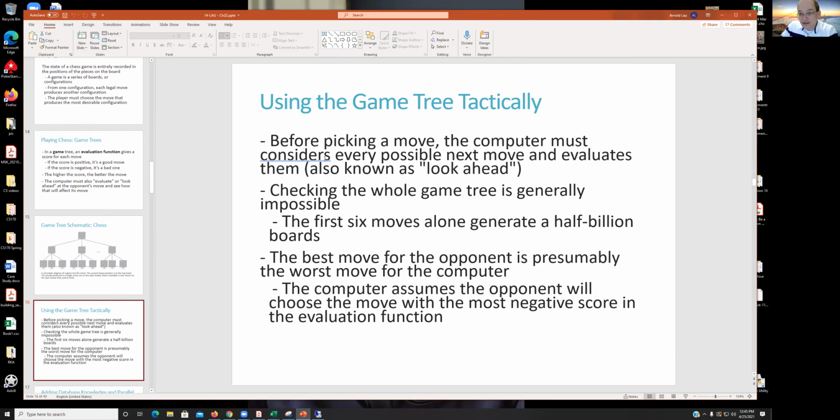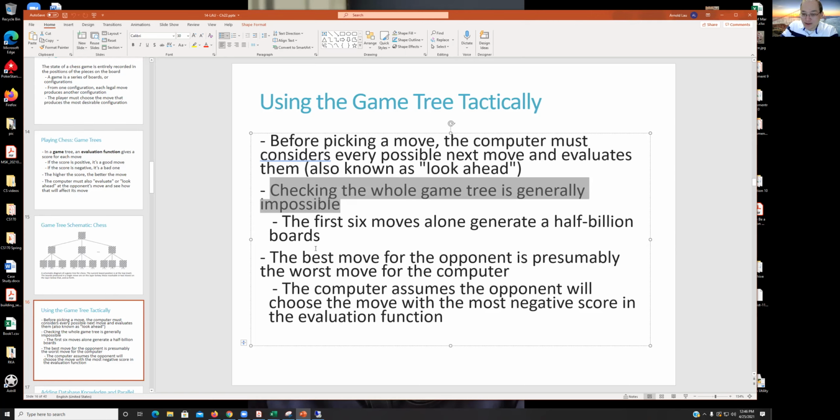Okay, so everything I've just said is stated right here. It considers every possible move and evaluates them. This is look ahead, so it's looking ahead at all the different possibilities. Checking the whole game tree is generally impossible, but I would say at this point, given the degree of computing power that we have, it's not that impossible.